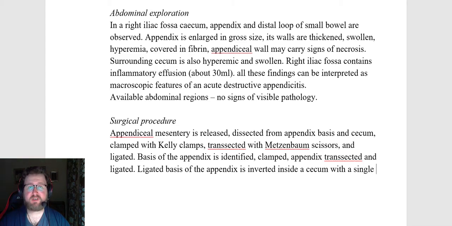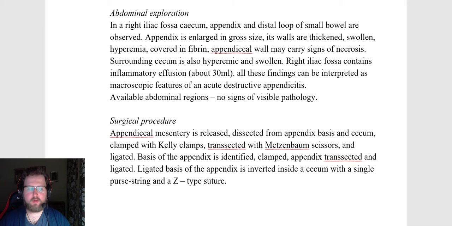Z or purse string suture. That's actually when appendectomy ends.